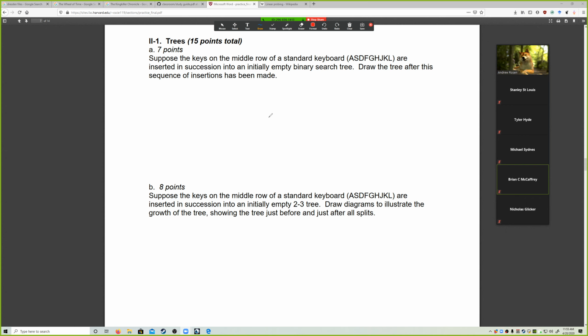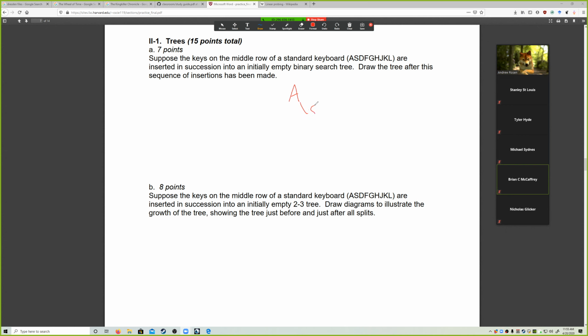Suppose the keys in the middle row of a standard American QWERTY keyboard, A S D F G H J K L, are inserted in succession into an initially empty binary search tree. Draw this tree after the sequence of insertions has been made. Alright?